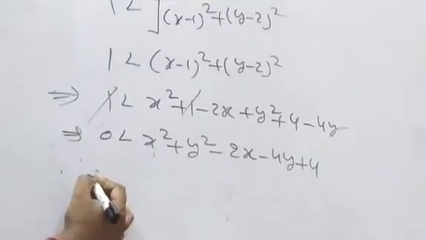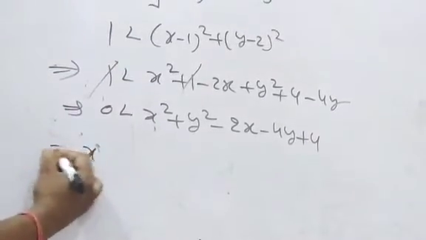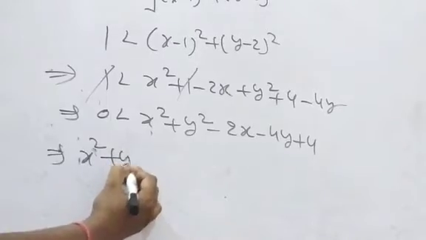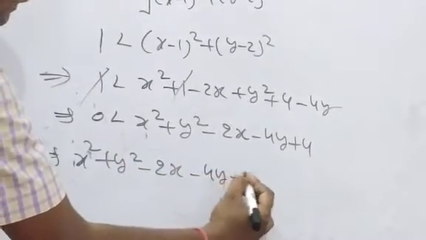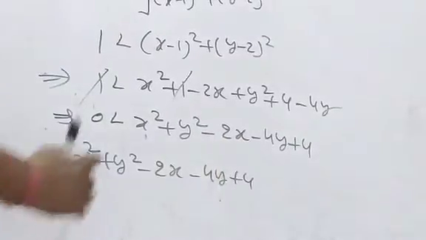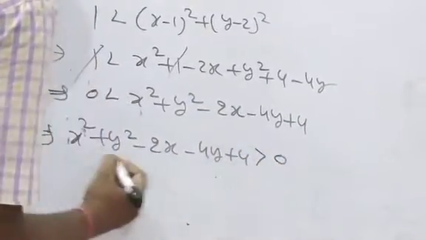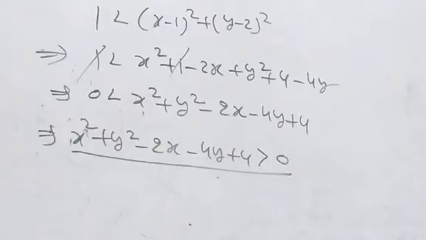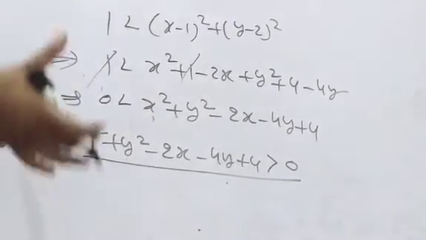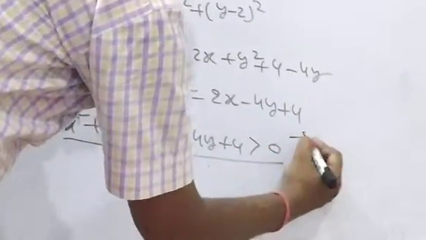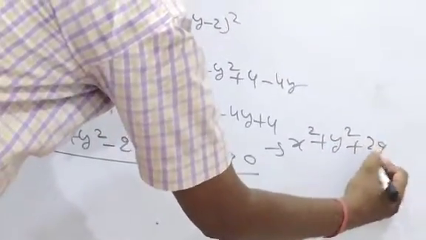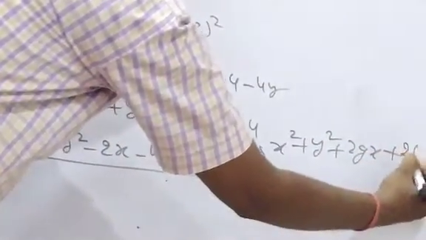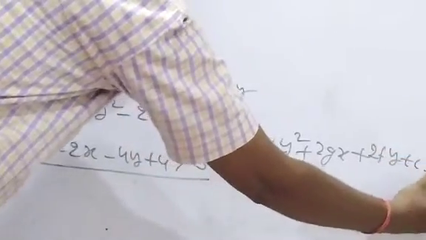Now x square plus y square minus 2x minus 4y plus 4 is greater than 0. Now this is the equation of a circle. Understood? Now comparing this equation to x square plus y square plus 2gx plus 2fy plus c is equal to 0.